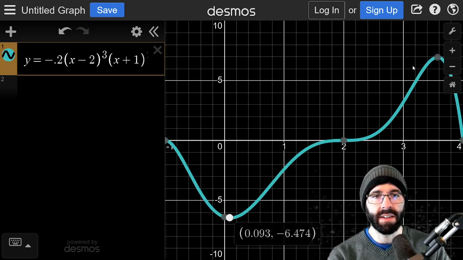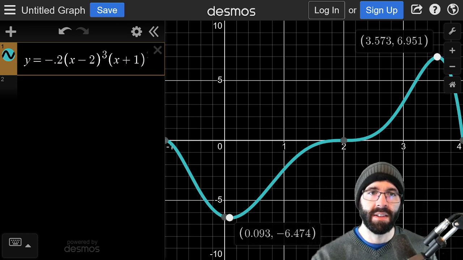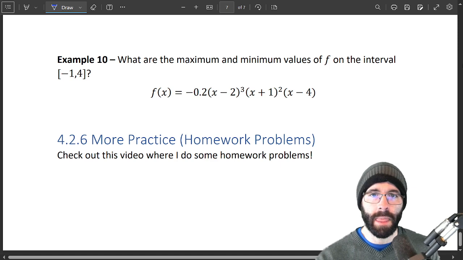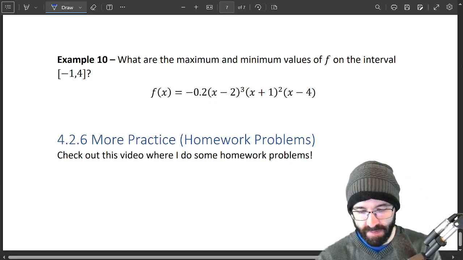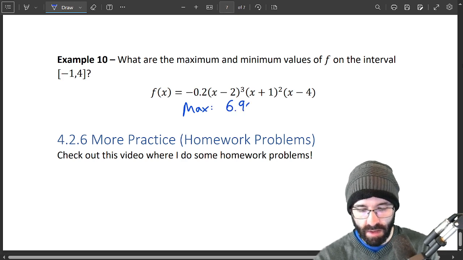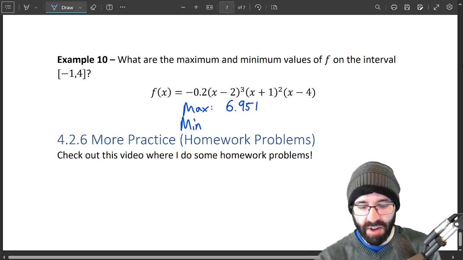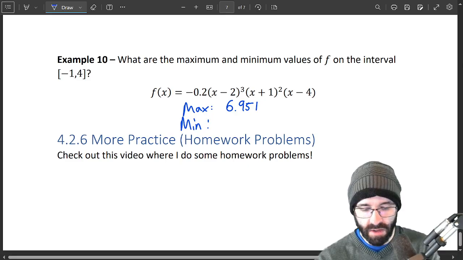The smallest is down here. What's the question? Maximum and minimum values of the function. The biggest the function ever gets is an output of 6.951. The smallest the function ever gets is a function value of -6.474.